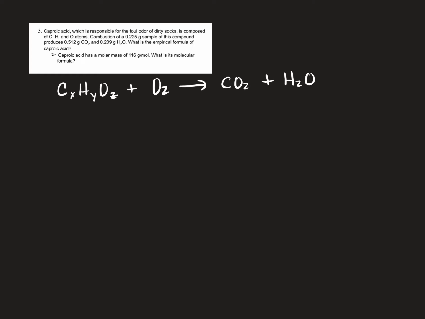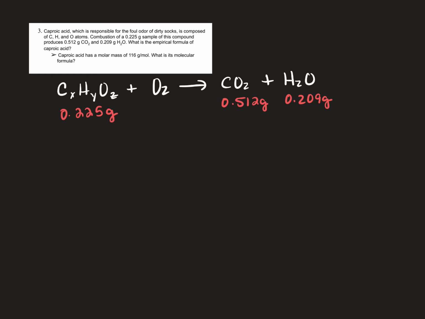In this case, we have 0.225 grams of your sample. We're going to produce 0.512 grams of CO2 and 0.209 grams of H2O. And we want to know the empirical formula, and then we want to know the molecular formula.